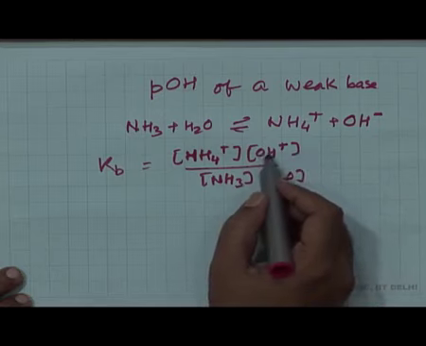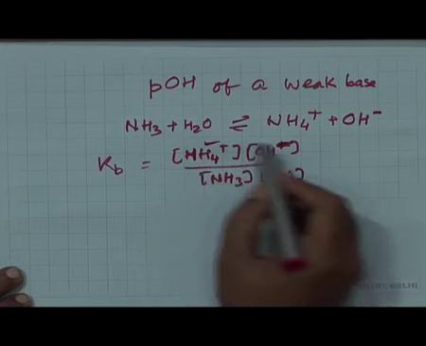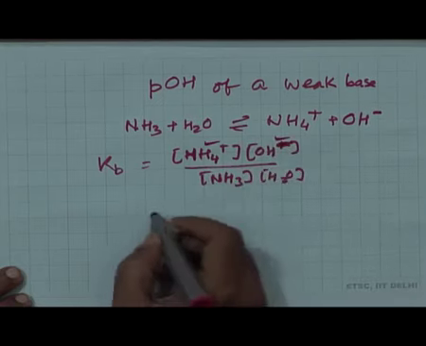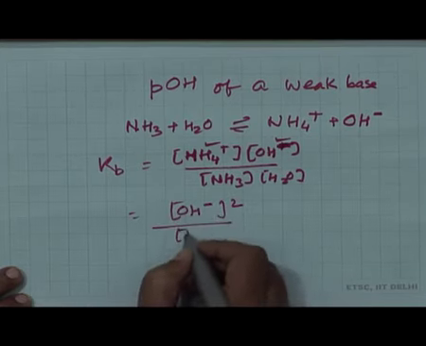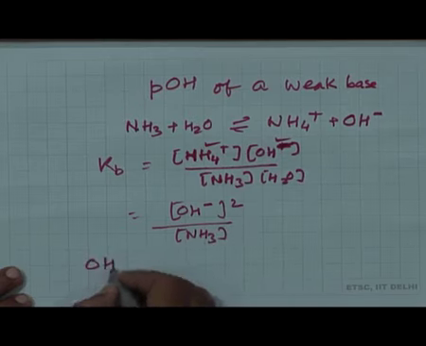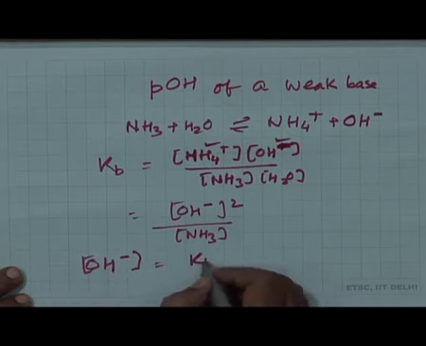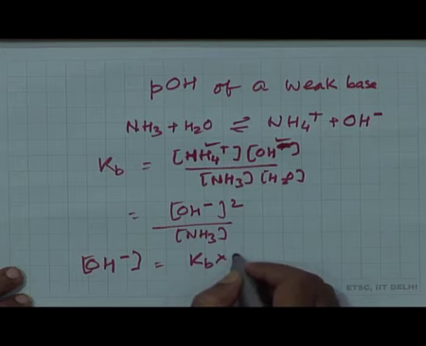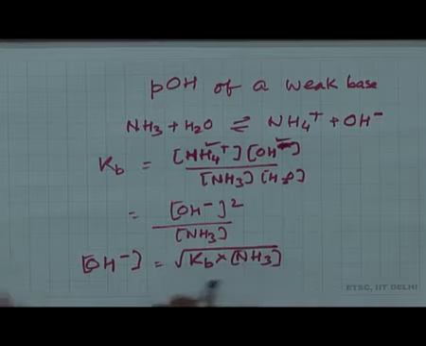And now, you can see that in this case also NH4 plus ion and OH minus ion will be equal. So, you can simply write OH minus squared by ammonia. And so, OH minus ion concentration will be given as the square root of Kb into NH3 concentration.